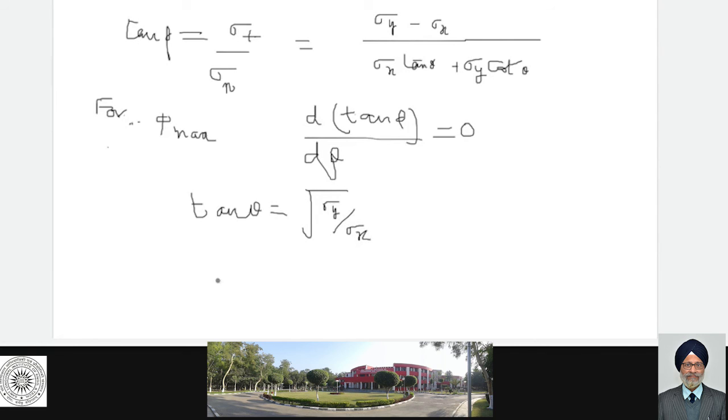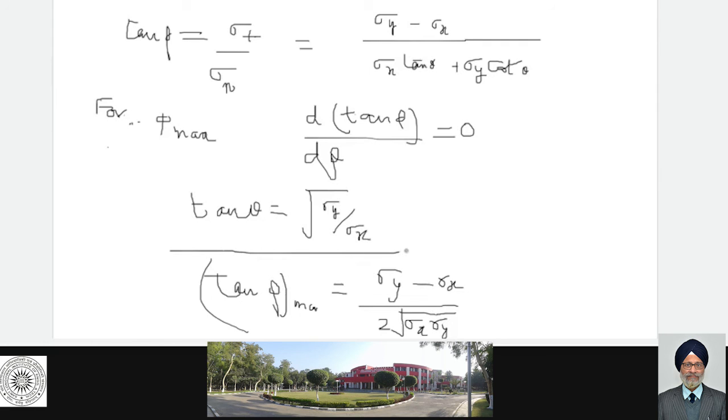So therefore, the tangent phi max, that is maximum value of this, is equal to sigma y minus sigma x divided by 2 times under the root of sigma x and sigma y. So this is a very important relation which you can prove yourself as a tutorial.